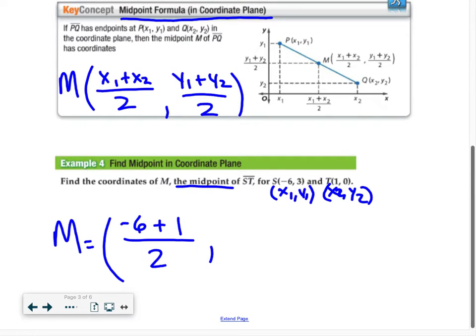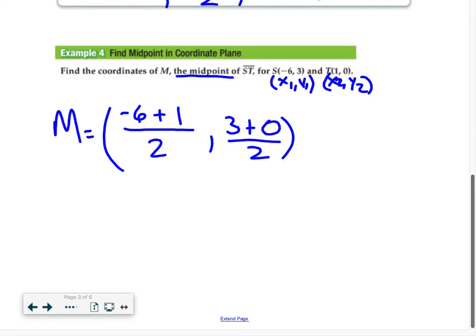And then for the y's, we go y1 plus y2 over 2. So add the x values together and divide by 2. -6 plus 1 is -5. -5 over 2 is -2.5 for the x coordinate. 3 plus 0 is 3. 3 divided by 2 is 1.5. So that is the coordinates of M, -2.5, comma 1.5.